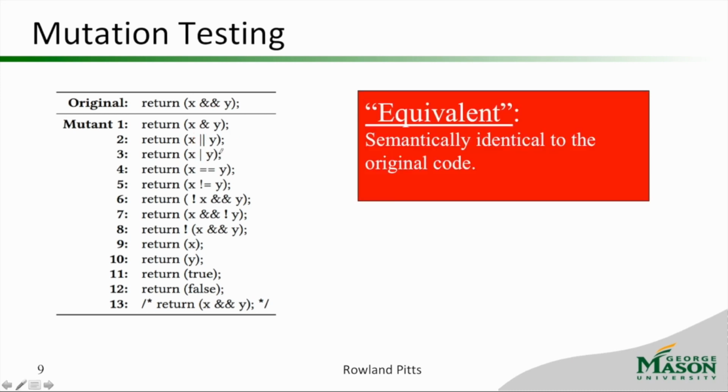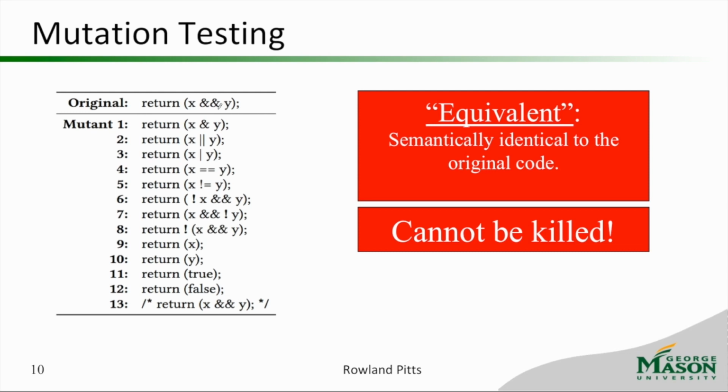Another type is what's historically been called the equivalent mutant. These are semantically identical to the original code, and for that reason, they are not killable. And here's an example of an equivalent mutant. Similar to the bitwise and logical OR, the bitwise and logical AND operators also behave the same with Boolean operands.